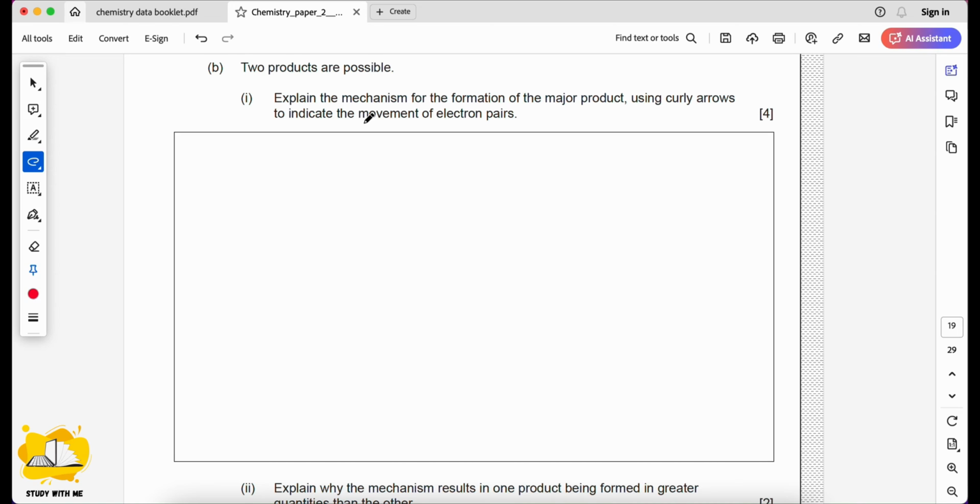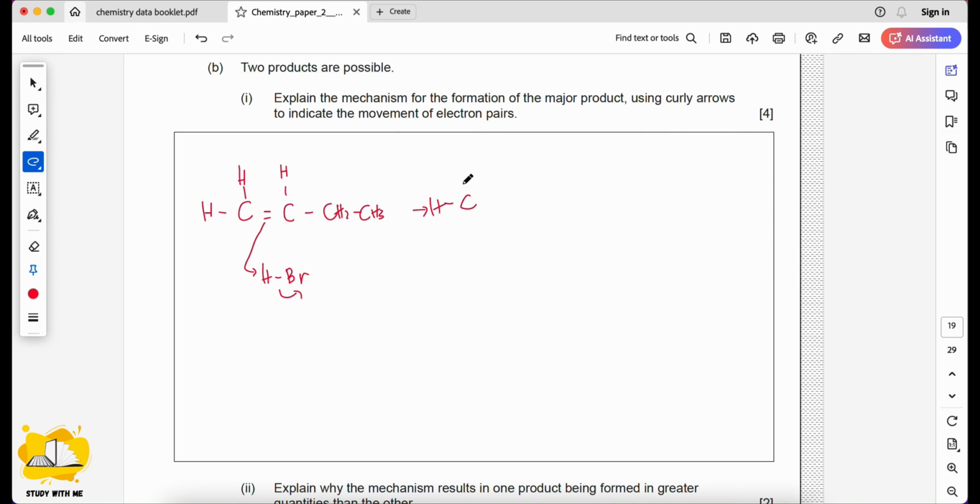Two products are possible. Explain the mechanism for the formation of the major product using curly arrows to indicate the movement of electron pairs. So here is but-1-ene, with H here and H here, reacting with HBr. The curly arrow will be here and Br will leave. I will explain this later.